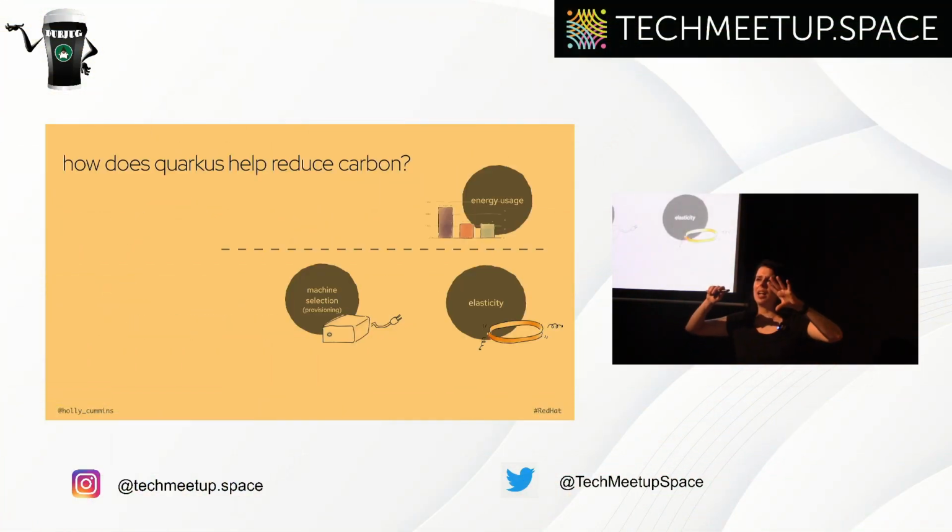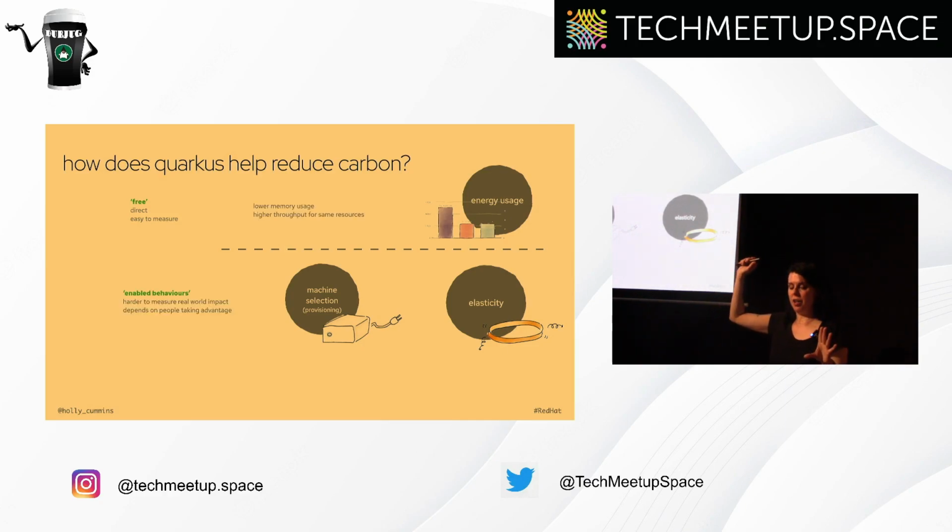So when we think about Quarkus in particular, but I think this is probably true for other carbon-saving technologies, about where the benefits come from. The energy usage is lower. That's just a passive benefit. All you have to do is use Quarkus and your energy usage is lower. But if you go further, these are things that you actually have to take advantage of.